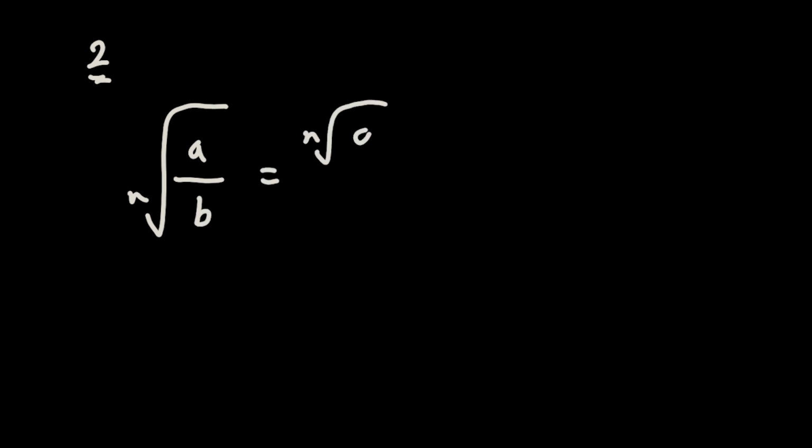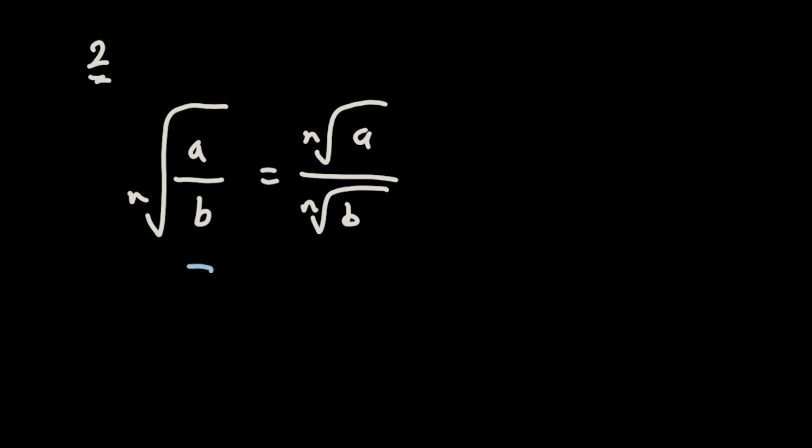The second property says if we have the nth root of a over p, we can just rewrite it as the nth root of a over the nth root of p. Let's see an example.